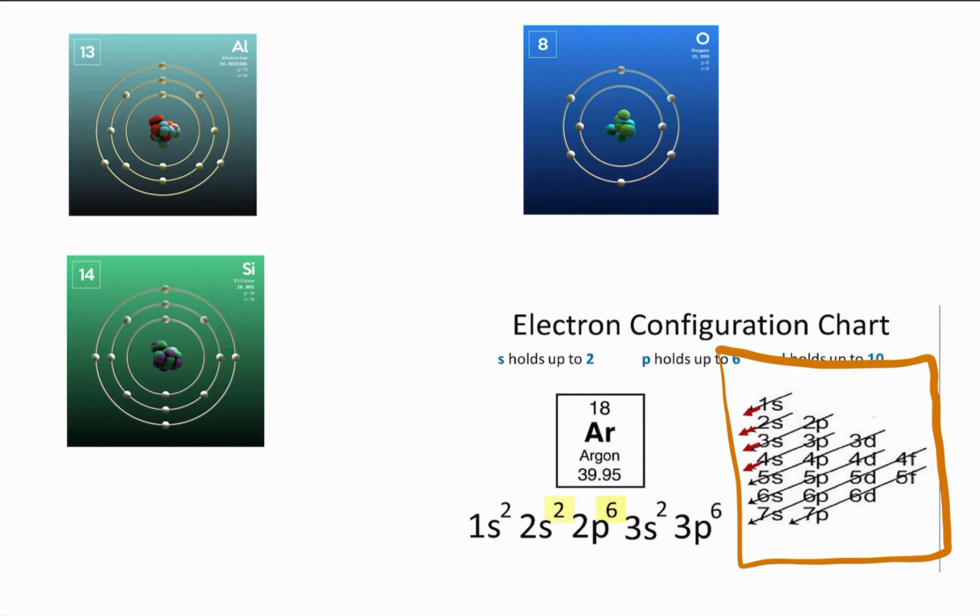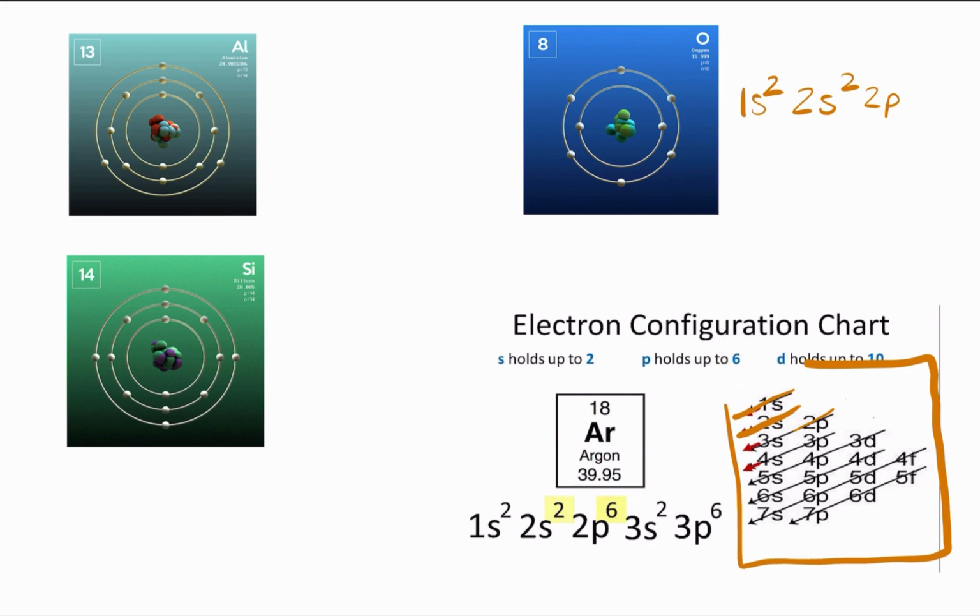So oxygen, we're going to start with crossing out 1s, 1s2, because s holds maximum 2. Cross out 2s, 2s2. We're at 4 electrons so far, right? We still need 4 more. Then 2p we can cross out. We know that p holds a maximum of how much?